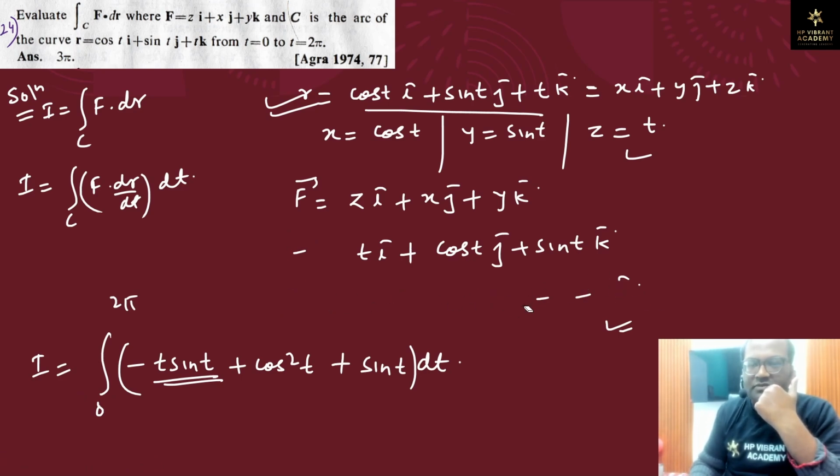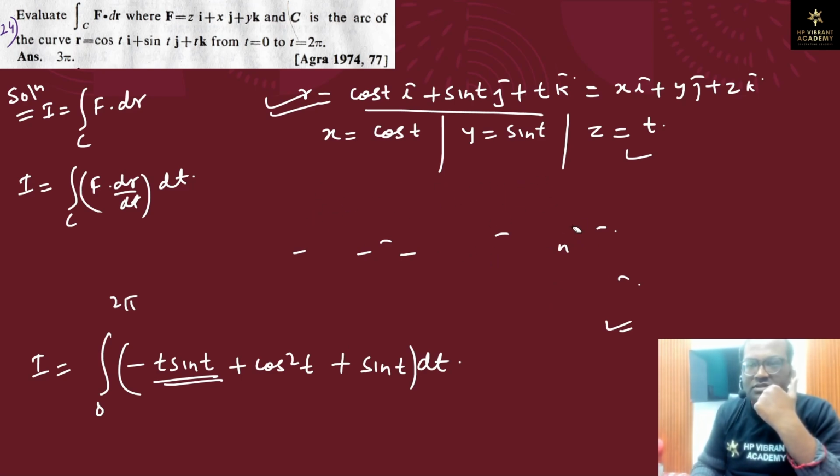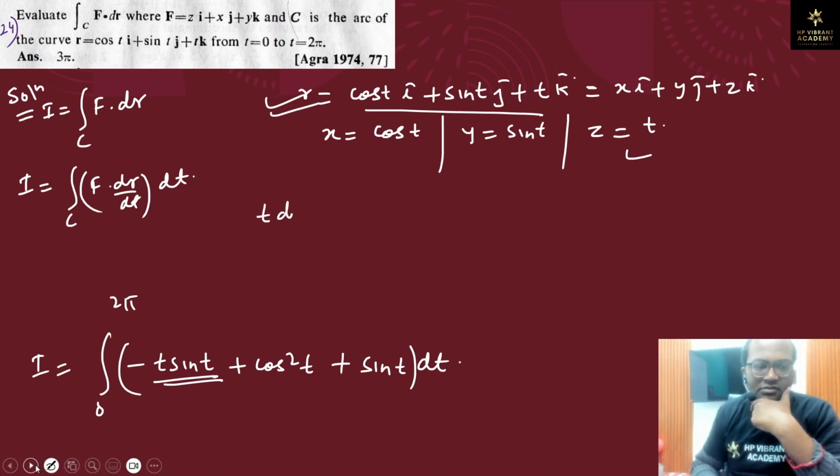Let us further simplify this. This is simple integration. I will show you the integration of t sin t, the integral of t sin t dt from 0 to 2 pi.